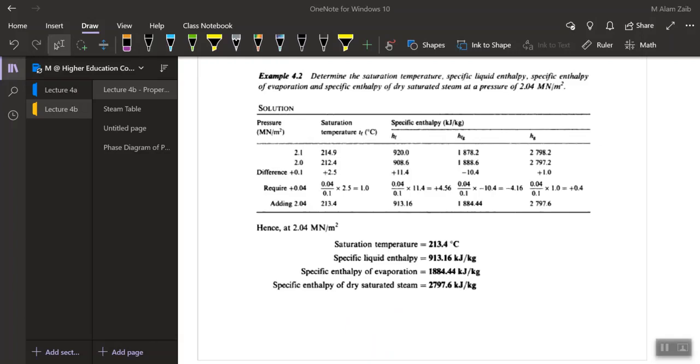So let's move to another example, example 4.2. This is an example from the Rainer Joule book, Engineering Thermodynamics. Let's say the book is not relevant over here, but the example is relevant. Till now, we have used a method called the slope method, which was easy for you because you were already familiar with it.